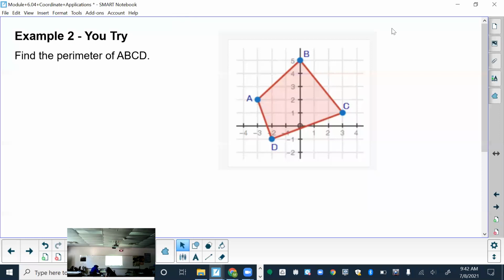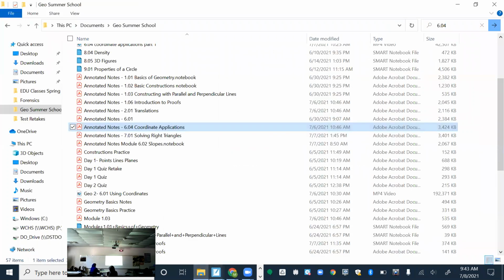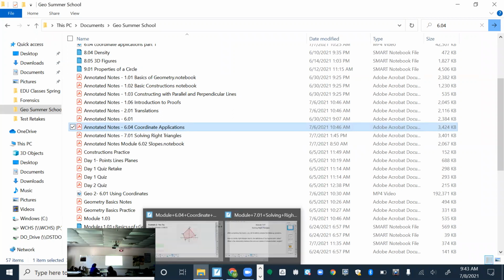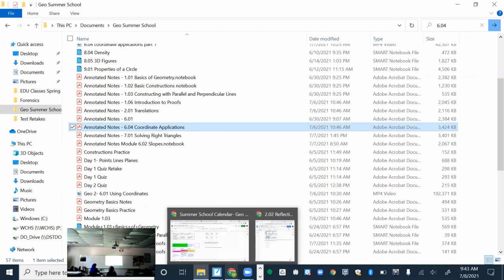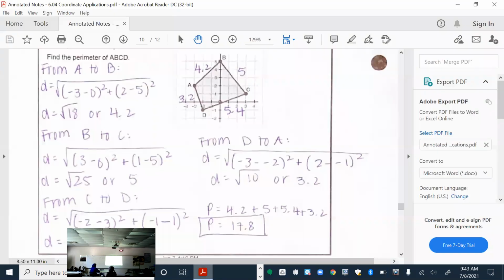All right, so let's see if you got a good start. There are some acceptable variations, but for the most part, it should look like this.